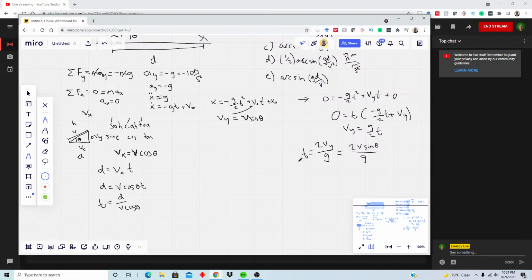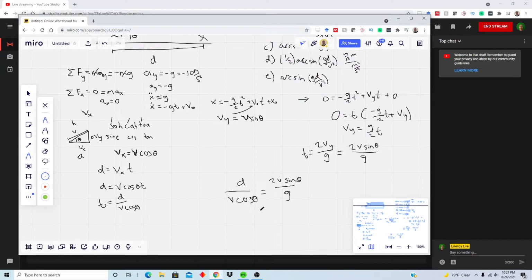And so we could plug these two together, and we'll get d over V cosine theta is equal to 2V sine theta over g. Oh, I see. There was a little something I was concerned about, and actually we're able to hash that out in a little bit, and I'll show you.